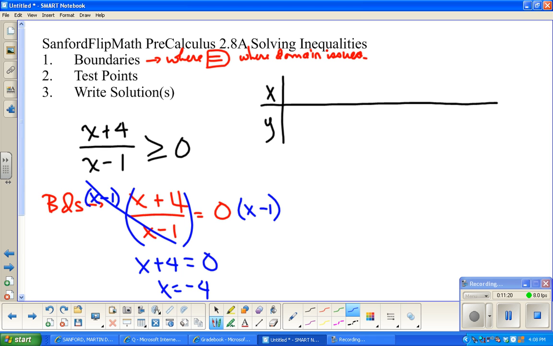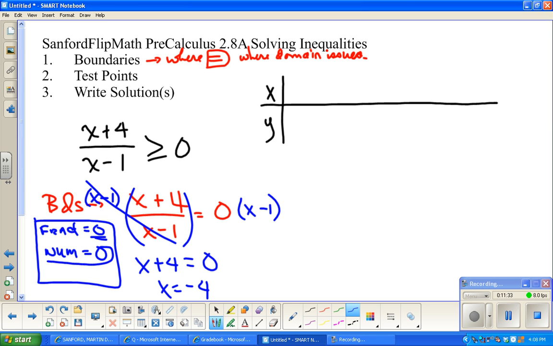So x equals negative 4. A quick aside: a fraction is equal to 0 when the numerator equals 0. Well, x plus 4 equals 0 when x is negative 4. So that's a little note to self.